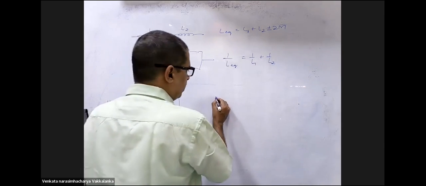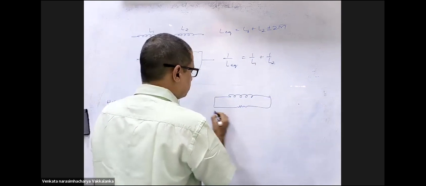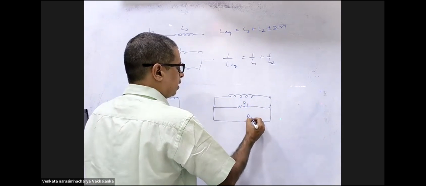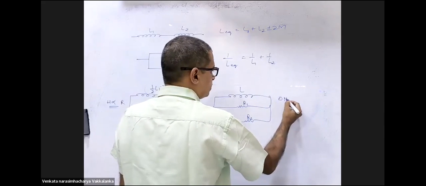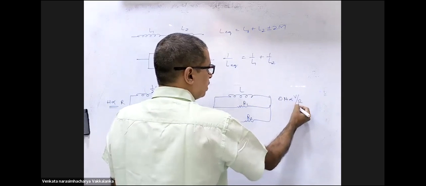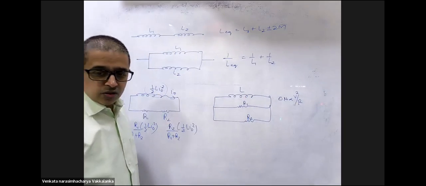On the contrary, if I have one inductor and two resistances in parallel, R1, R2, L, here delta H is inversely proportional to R, since it is V square by R and the potential is constant.